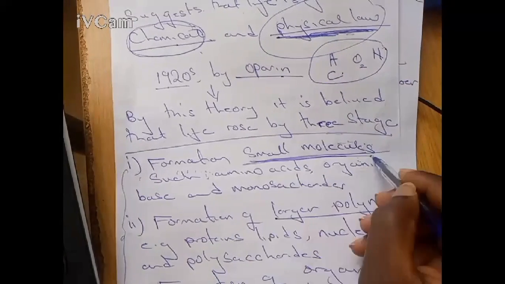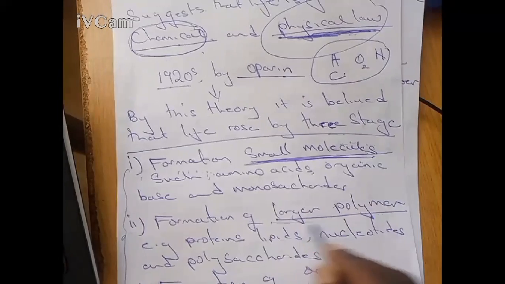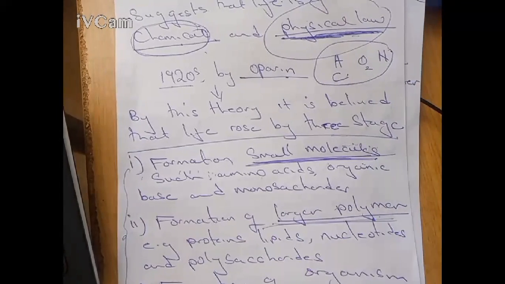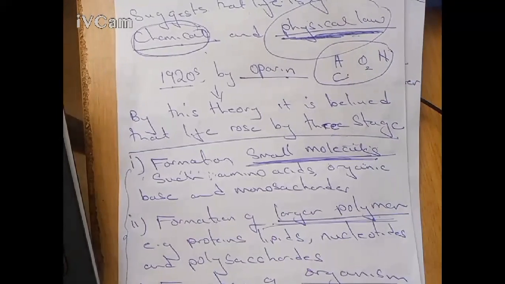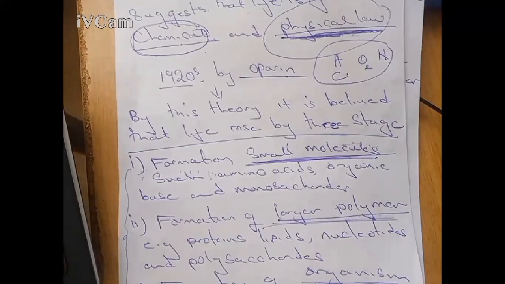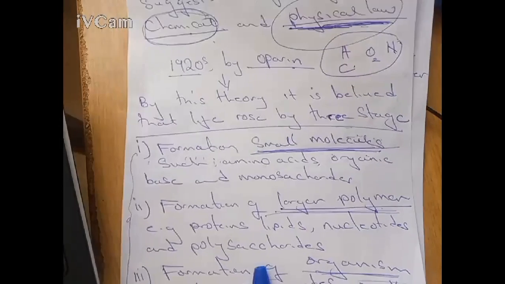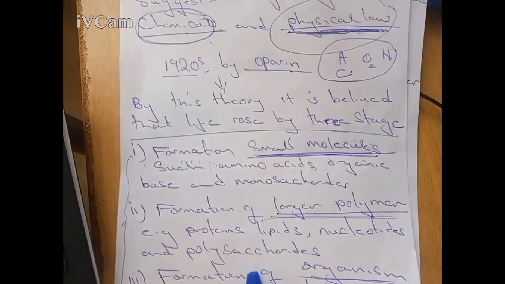After formation of small molecules, these small molecules get into large. Then these large molecules went into formation of small simple organisms, which go on changing to form the complex. We shall look at it and understand it more as we continue. That's what we refer to as biochemical evolution.